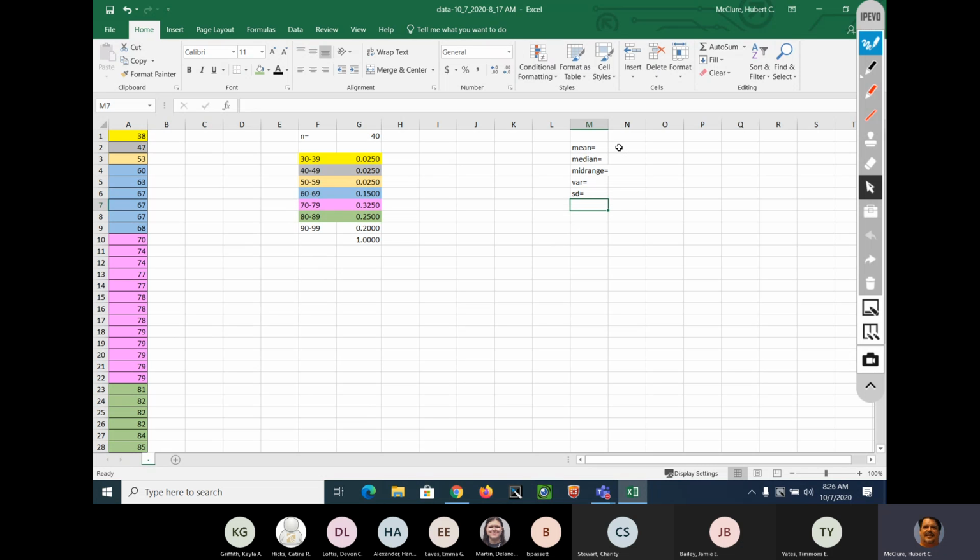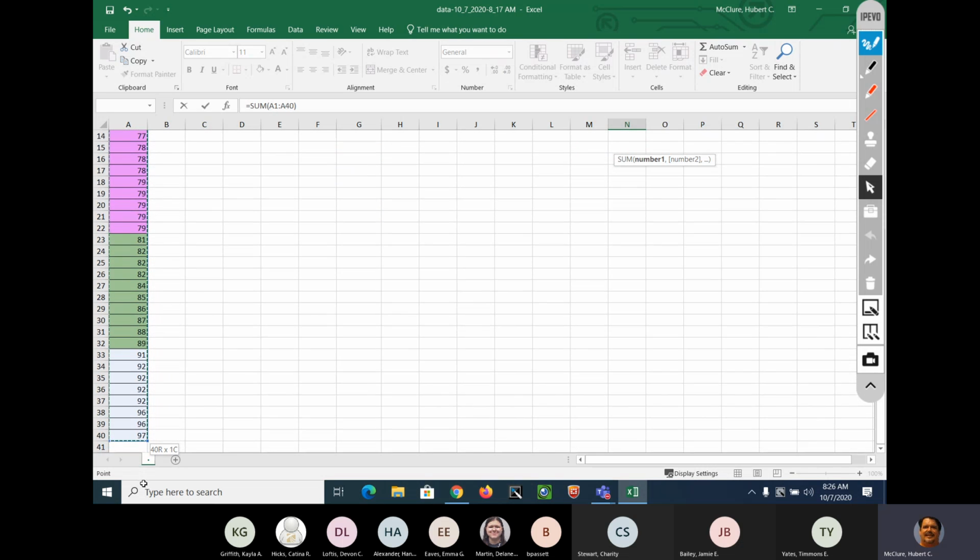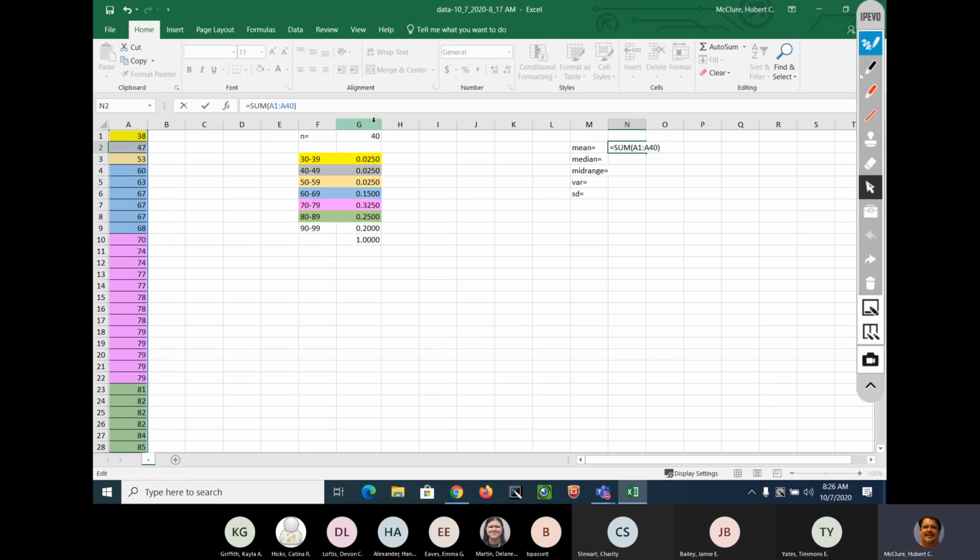We've already done it. So the mean is going to be equal to auto sum of all of these guys divided by 40. Median, well, let's see, half of 40 is 20. So 19, and 19 is 38. So I got to go down to 19.